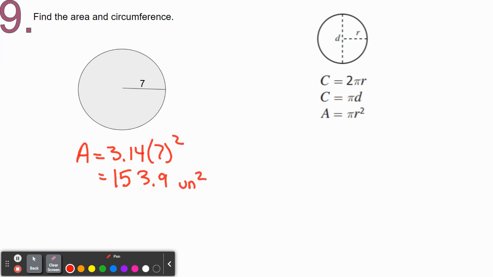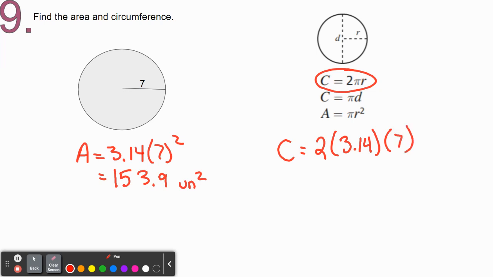Okay. Now for circumference, we'll use our formula here. So circumference is equal to, we actually have two formulas here. So we could use the formula 2 times pi times r, or we could use the formula pi times d, which is diameter. So since we have a radius here, let's just use the formula with r in it. So we'll do 2 times pi, which we'll use 3.14, times the radius, which is 7.